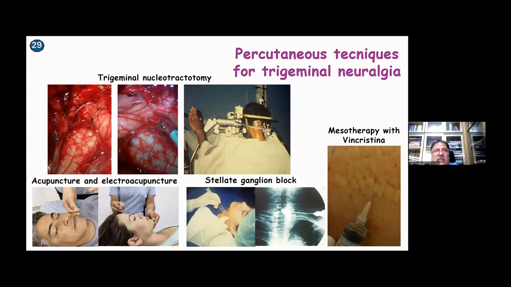And stellate ganglion block is useful for postherpetic trigeminal neuralgia, and it's very important to perform in an ambulatory setting. Mesotherapy with vincristine or similar is similar to chemical neurotomy. It's very interesting.